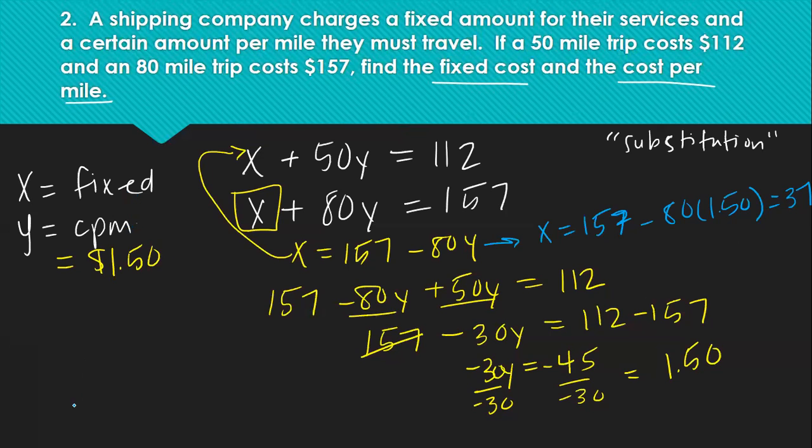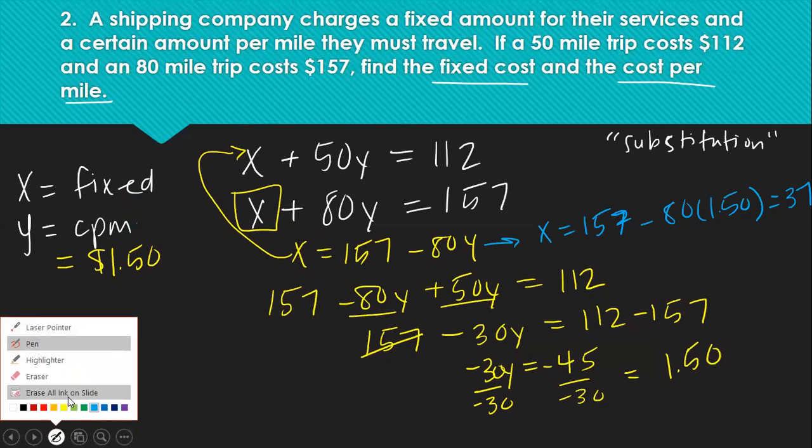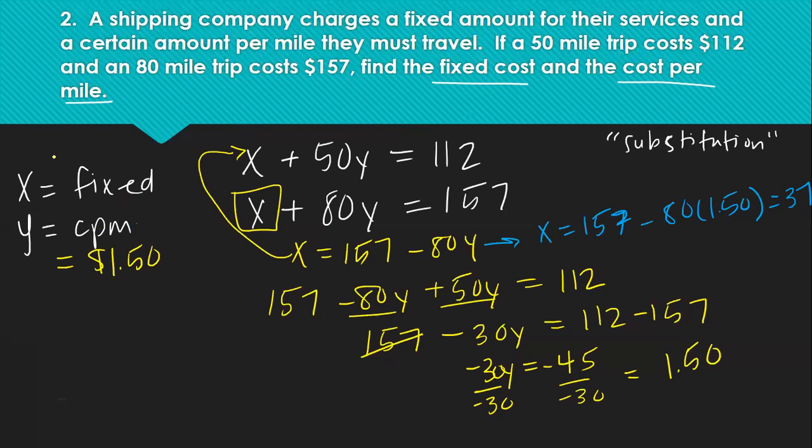So now we know the fixed rate. And what is the fixed rate? $37. So the fixed rate is $37. The cost per mile is $1.50. Do we see why this problem lent itself to substitution? Good? Awesome.